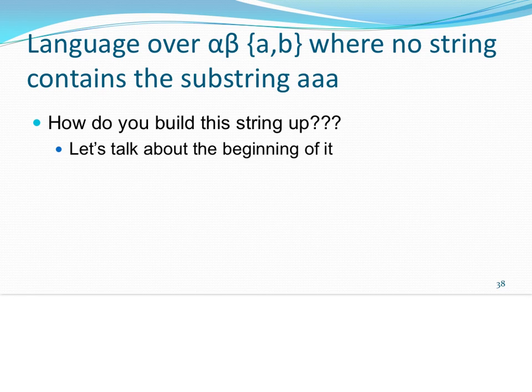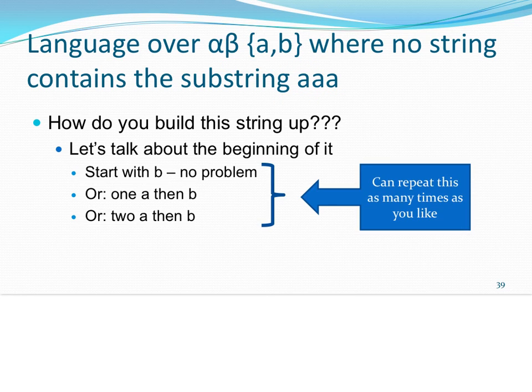Well, if you have a string that is any string over the alphabet AB that doesn't have a AAA, what do you think the beginning of it looks like? Well, I would argue that it could start with a B, or it could start with one A and then have a B, or it could even start with two A's, but by the time we've got two A's, we've got to have a B so that we don't end up with that AAA substring.